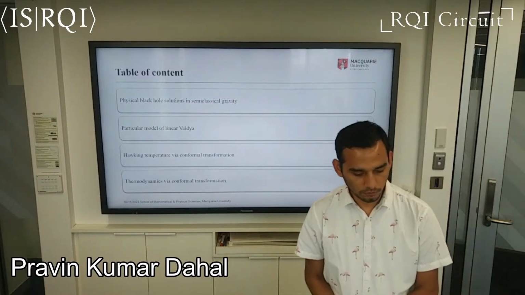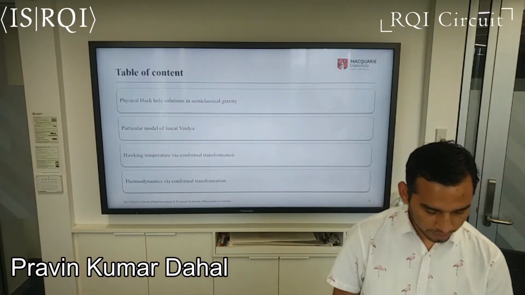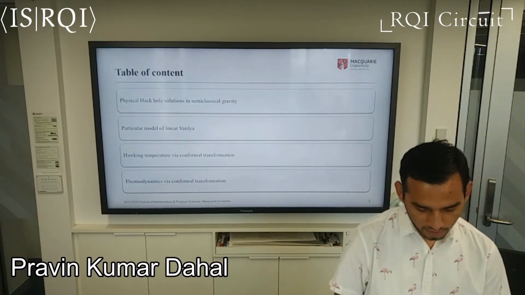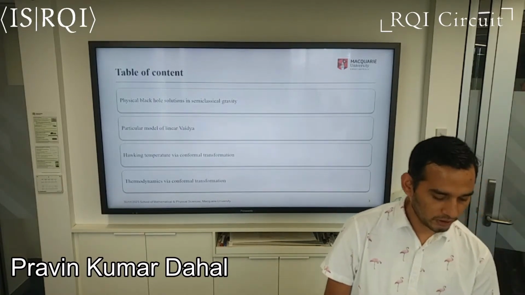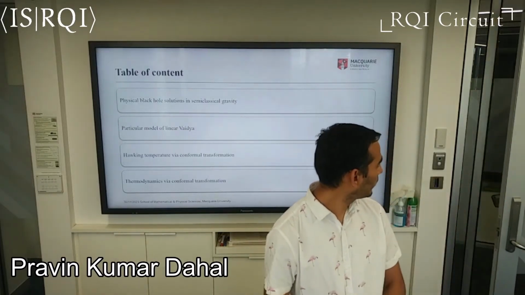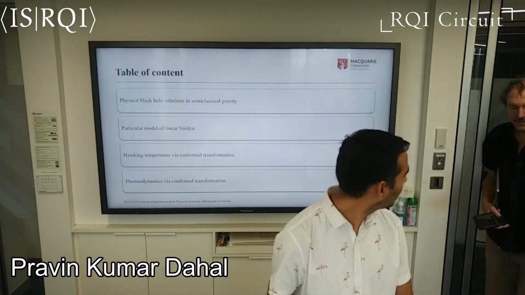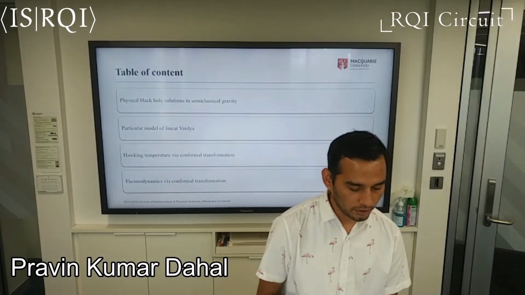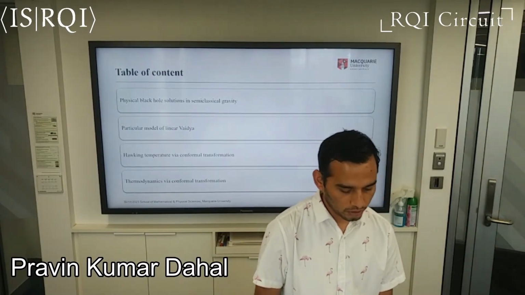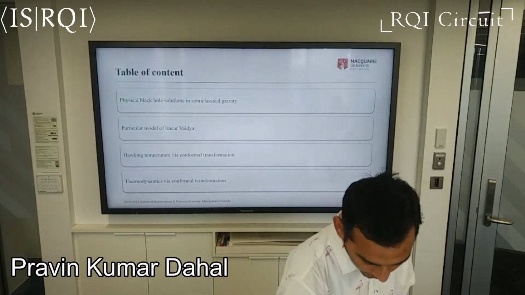We first talk about physical black hole solutions in semi-classical gravity, and indeed the Vaidya spacetime, which is the spacetime of an evaporating black hole, falls into that category. So we take the particular model of linear Vaidya spacetime to study Hawking temperature and thermodynamics.